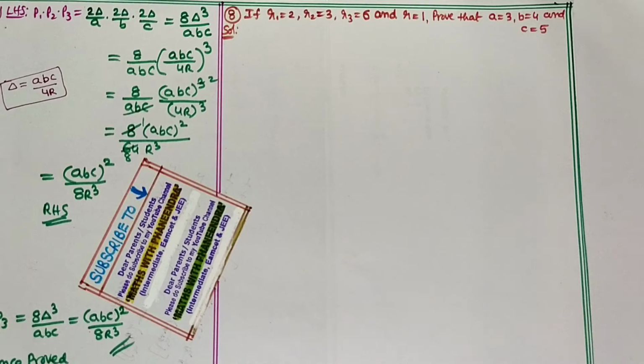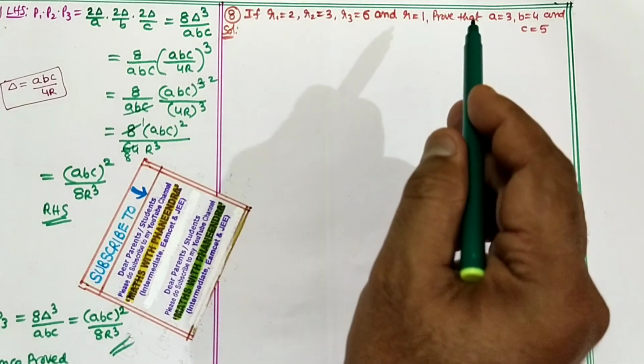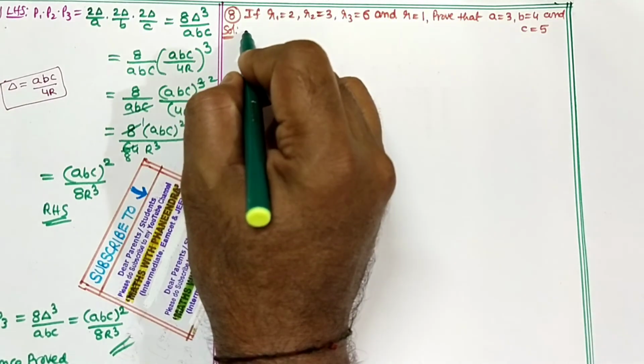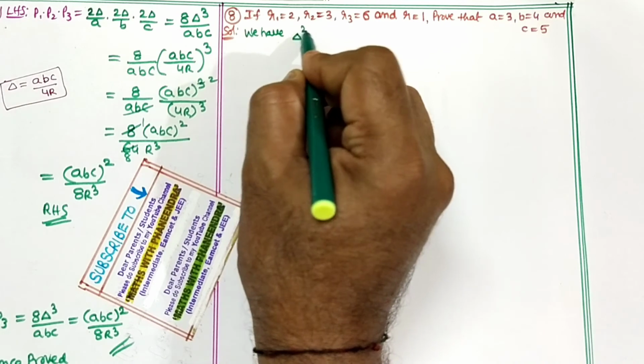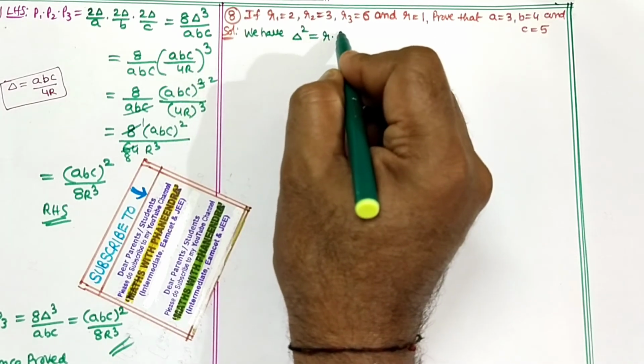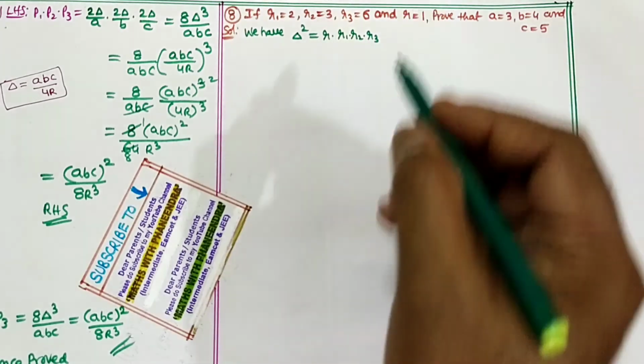See here, to get ABC values we require the delta value. So we have the formula delta square equal to R into R1 into R2 into R3. Sir, how did you get the idea of this?